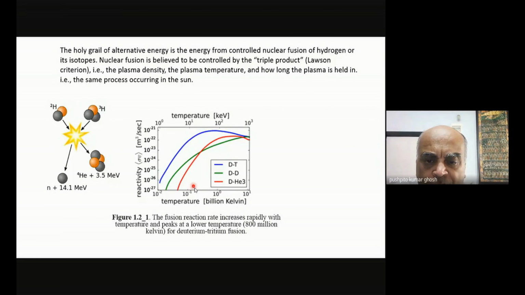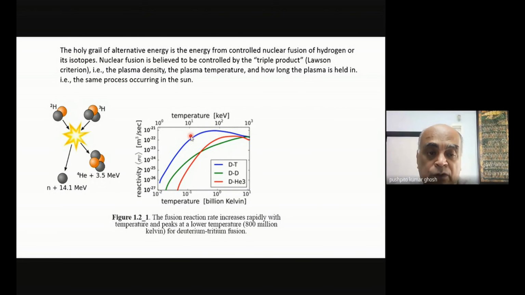And if you were to try to do it with, let's say, deuterium and deuterium, you are talking about a billion degrees or higher, and it is next to impossible to reach those kinds of temperatures on Earth. But I can tell you that temperatures in this range have already been reached.